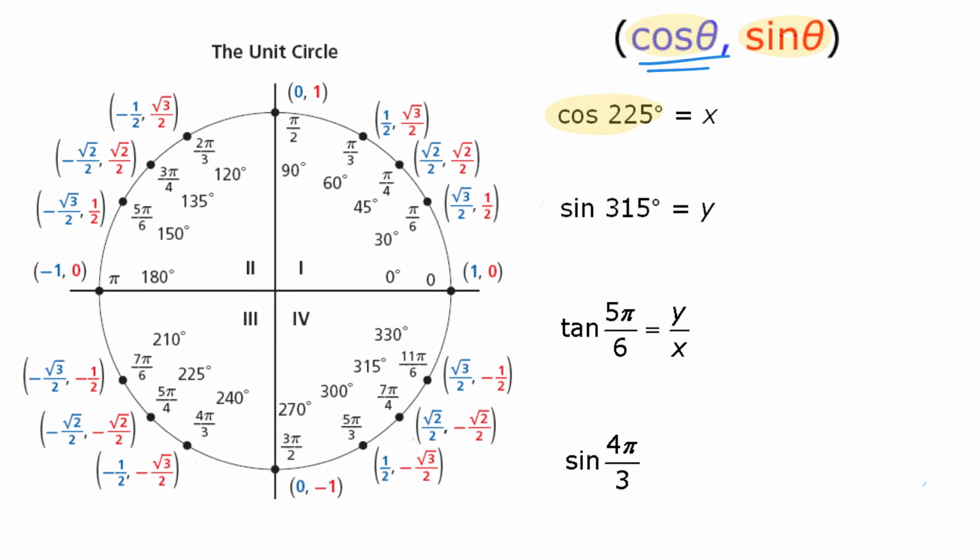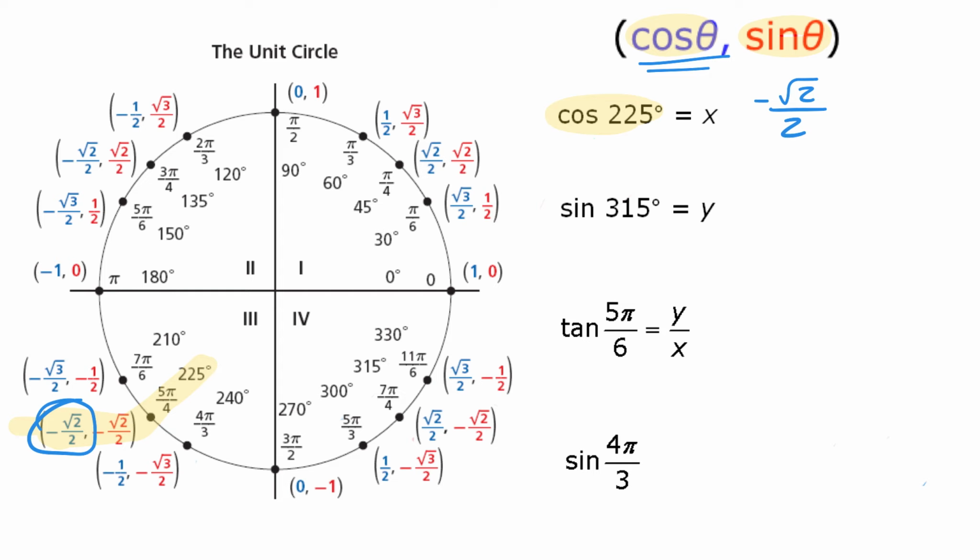The angle 225 is right here. And like we said, the cosine is the x value. So the x value where we are looking here is the negative square root of 2 divided by 2. And that's all there is. So x would equal the negative square root of 2 over 2.